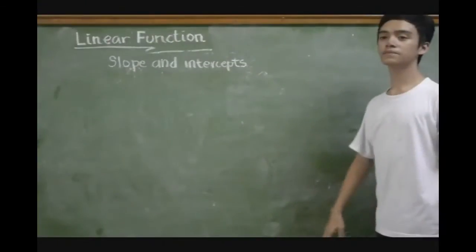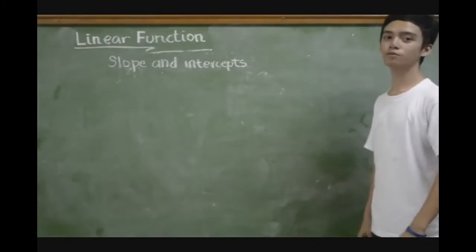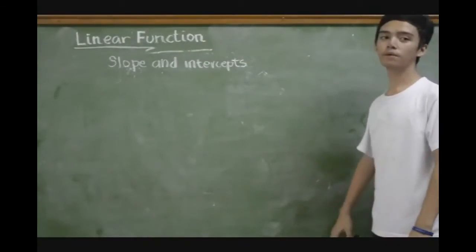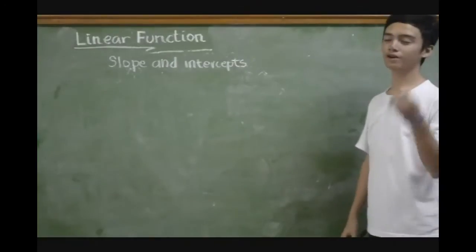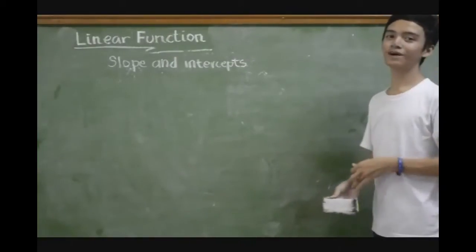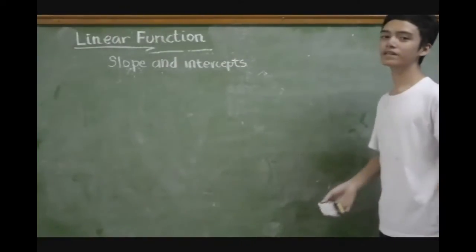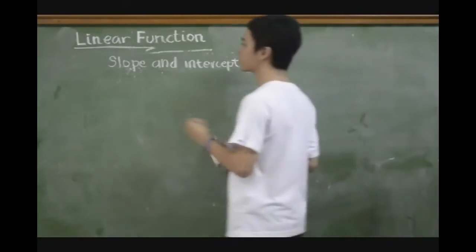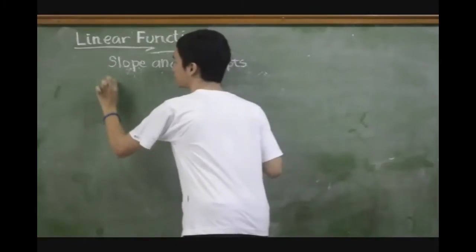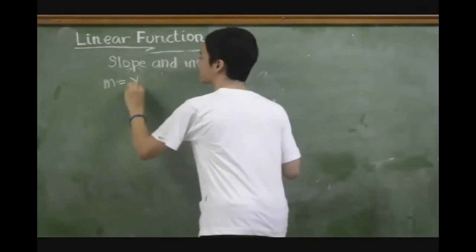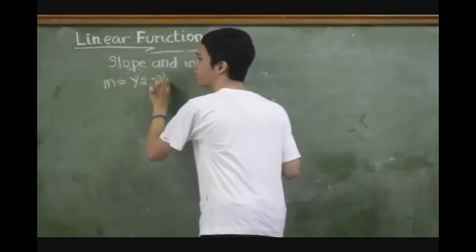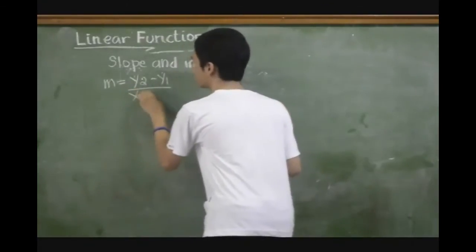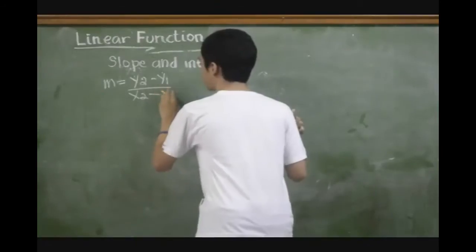Slope and intercepts. The slope of a line through 2 points is the quantity of y sub 2 minus y sub 1 over the quantity of x sub 2 minus x sub 1. To determine the slope given 2 points, here is the equation. m equals y sub 2 minus y sub 1 all over x sub 2 minus x sub 1.